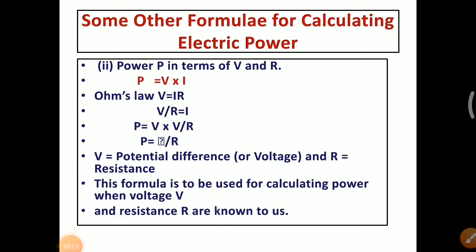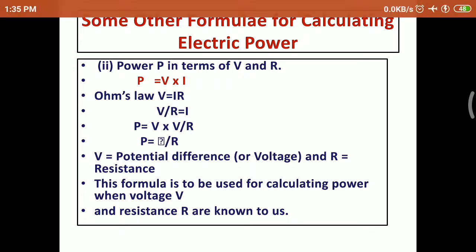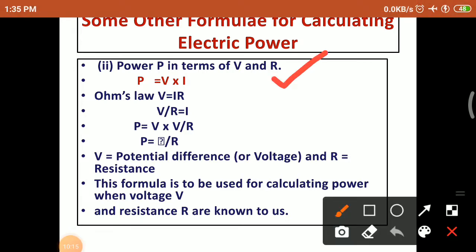The next formula, power in terms of V and R. You know the formula P equals VI. Here I need V and R terms, so I want to remove the I term from P equals VI. You know Ohm's law, V equals IR.